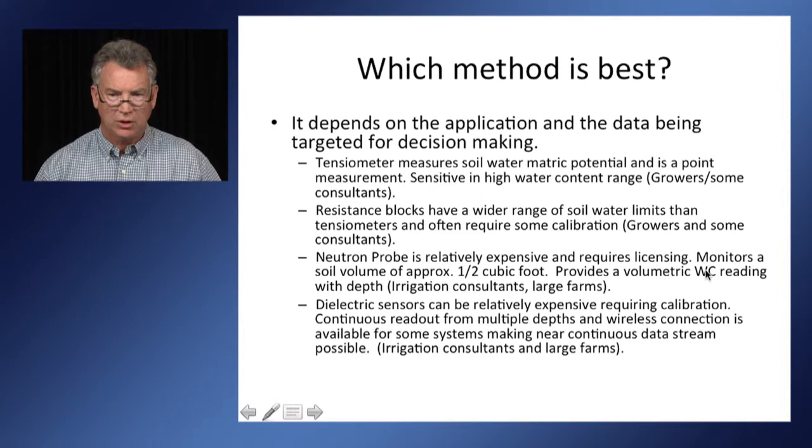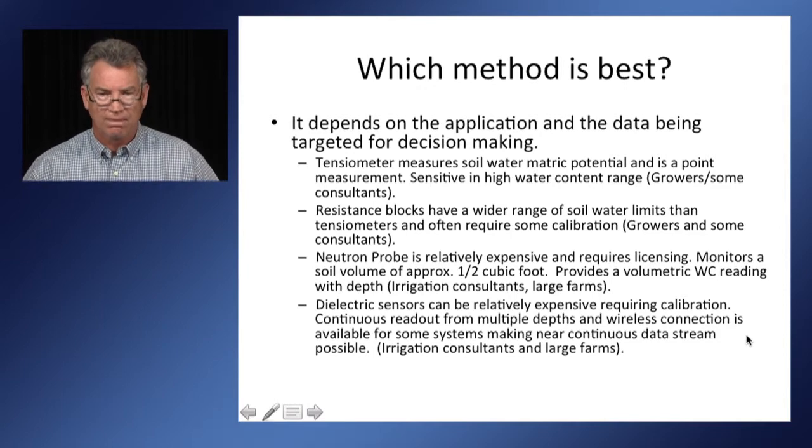Irrigation consultants and large farms often use these systems. Dielectric sensors, as I mentioned, there are a wide range and type of measurements out there, but some of these systems are fairly sophisticated. They have continuous readout from multiple depths, and wireless connections are available for some of these systems, making near continuous data streams possible.